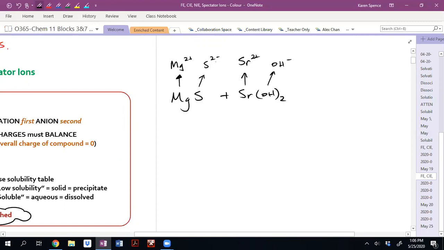The magnesium and sulfide, you look up those charges on your periodic table, and strontium as well. Hydroxide, you look it up on the table of common ions. So step one, write out the ions with the charges, and we've done that.